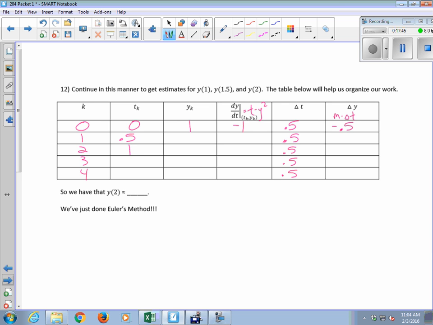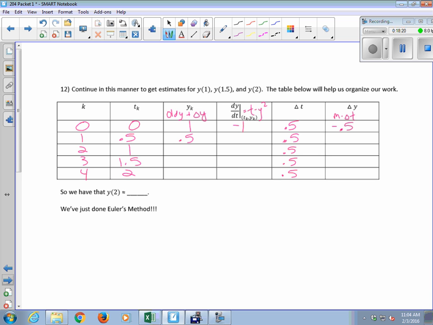So this is going to be 1, 1.5, 2 will be my t values. All right, my new y value is your old y value, which was 1, plus your change in y, negative 0.5. So this is old y plus delta y. So 1 plus negative 0.5 is 0.5. So now I have a point on my solution curve, 0.5, 0.5, or at least it's close to my solution curve.